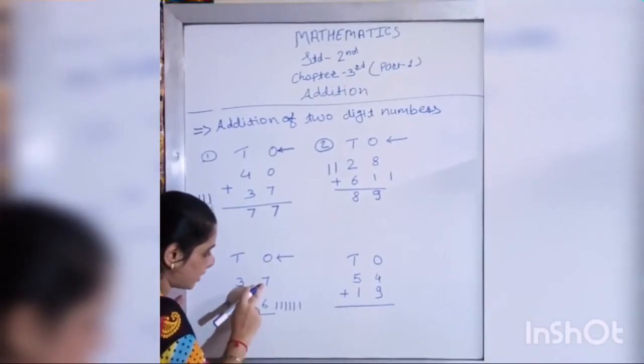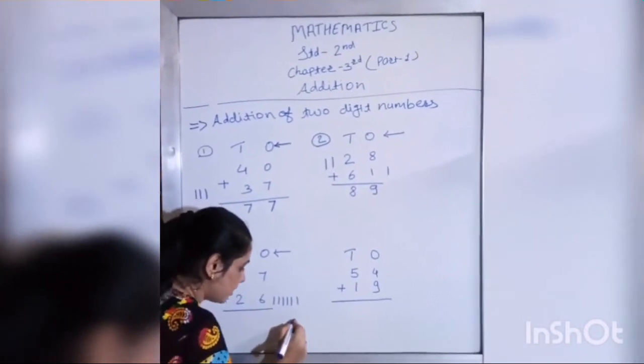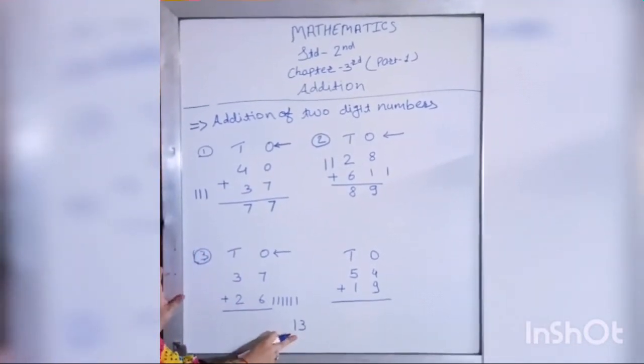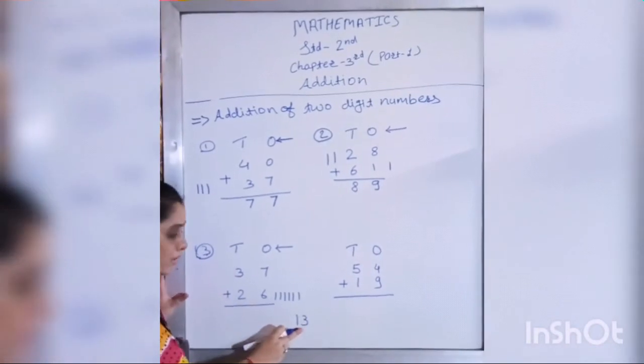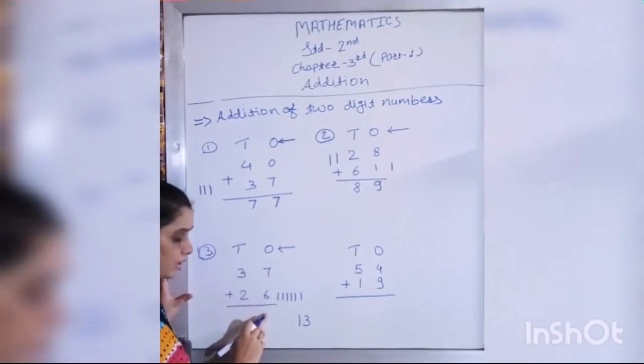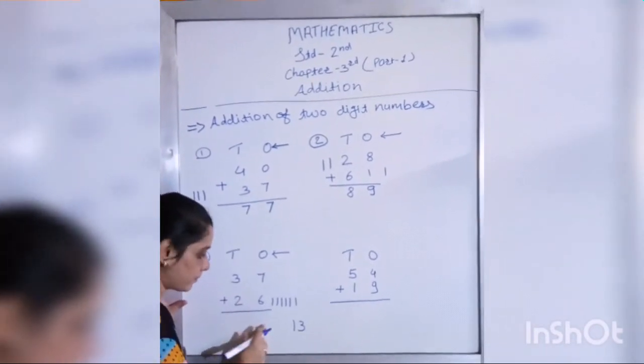So the sum of 7 plus 6 is 13. But this 13 is a 2-digit number. We cannot put 2 digits together on the ones place.